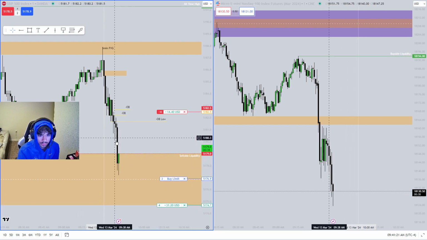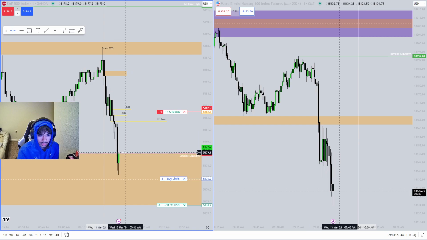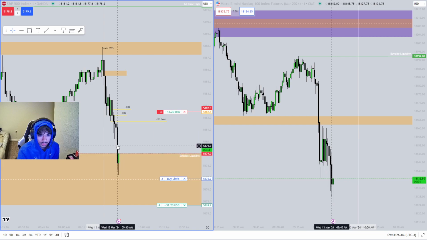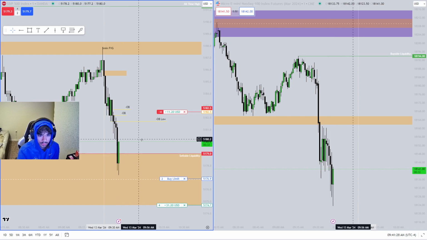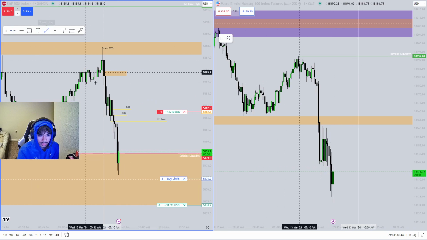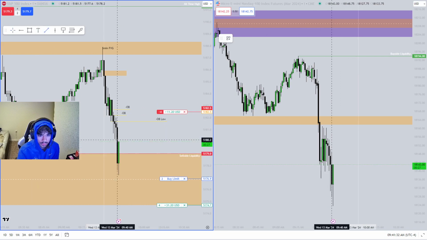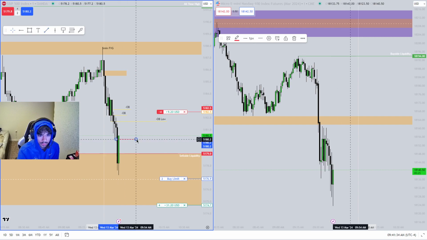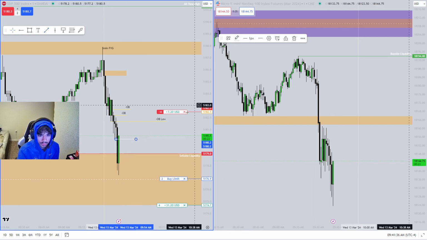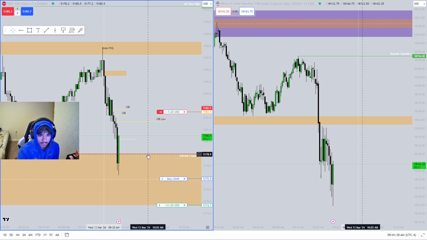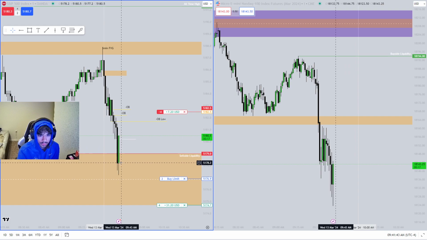We do want to see a fair value gap formed here, and if we do come all the way up, we'll see how we react at this candle's low. We want to see immediate rebalance. So now we want to see price shoot back down.